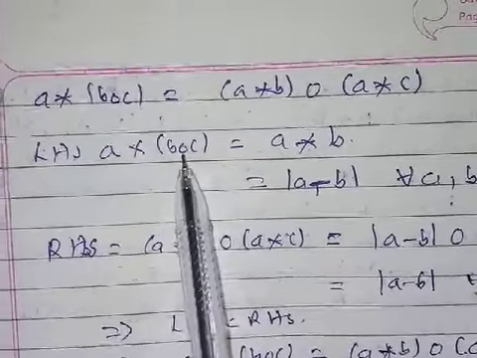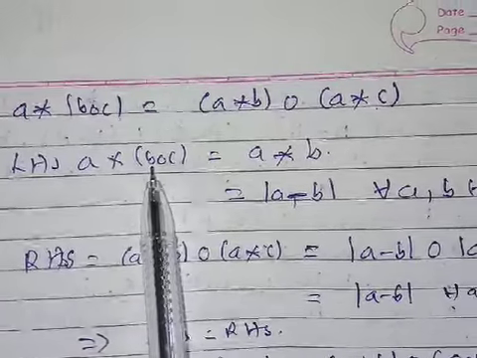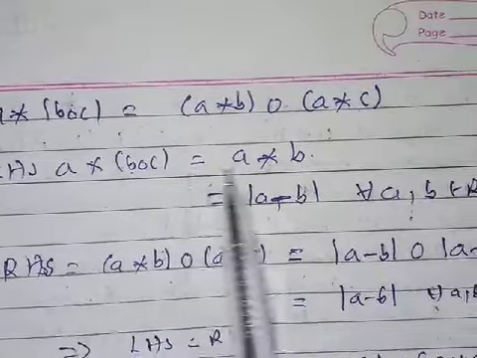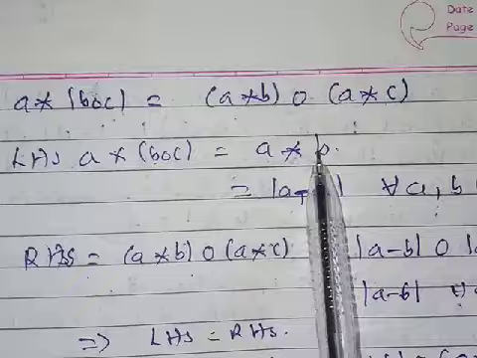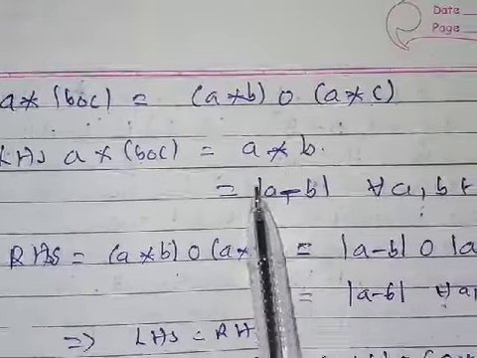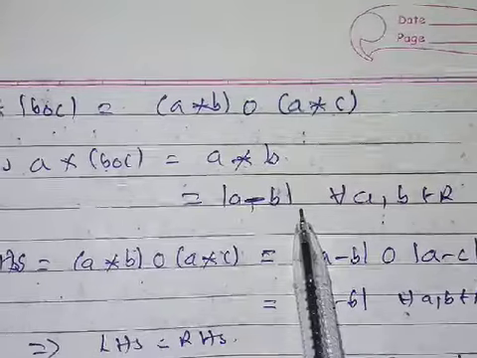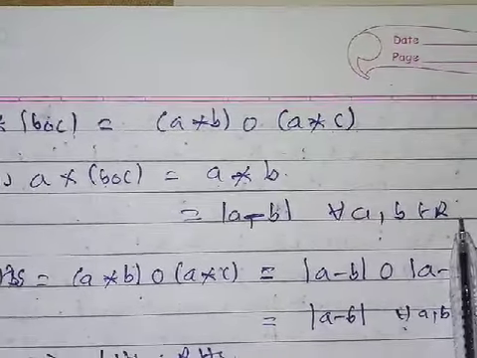Which operation is there? O. O suggests that the first element is to be taken. What is the first element here? B. So it is A star B. What does A star B mean? |A minus B|. So LHS gives us |A minus B|, for every A, B belongs to R.